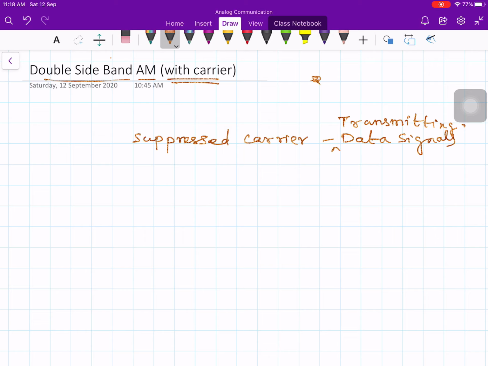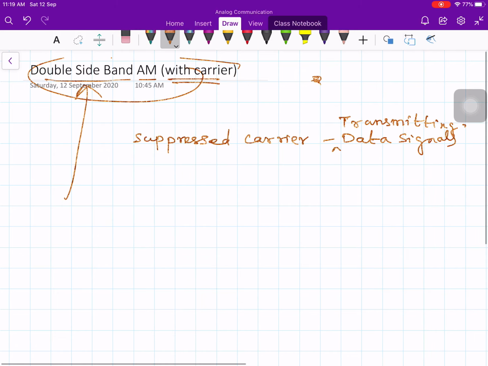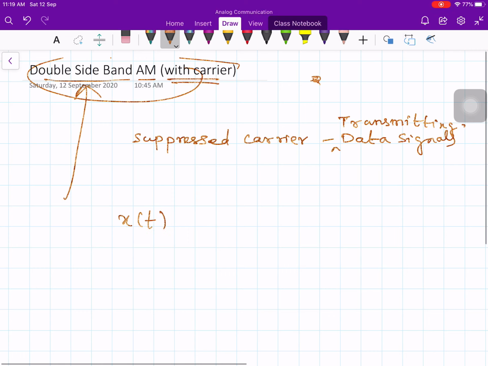So basically what we are saying is that in this case your transmitted signal will contain the part that we have transmitted earlier, and we are also putting in a carrier component. It looks something like this. Your modulated signal x of t is equal to A times m of t cos omega ct.